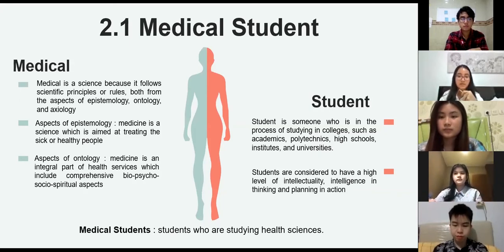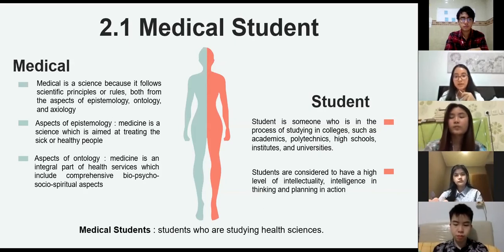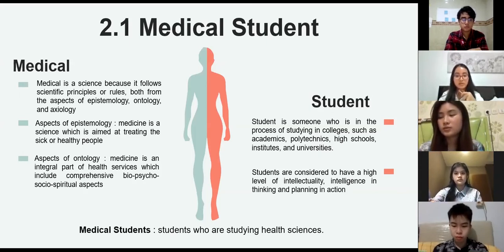There is a specific knowledge that can be obtained through it. From the aspect of ontology, medicine is an integral part of health service, which includes comprehensive biopsychosocial spiritual aspects aimed at individuals, families, or communities who are healthy or ill concerning the human life cycle.